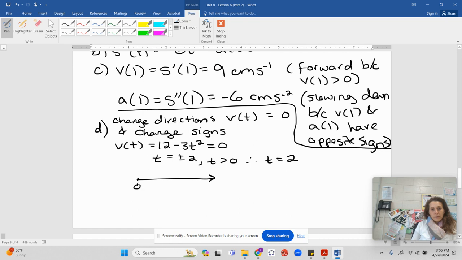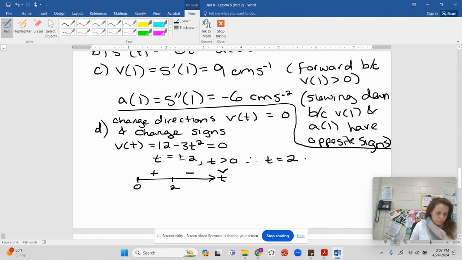I'm going to start at 0 because we start at time 0, and I'm going to see what happens to velocity on either side of 2. Before 2, like a 1, I have a positive velocity. After 2, like 3, if I substitute 3 into velocity, I get a negative value. So it is moving forward for the first 2 seconds and then continues to move, but in the opposite direction, backwards from there on out.